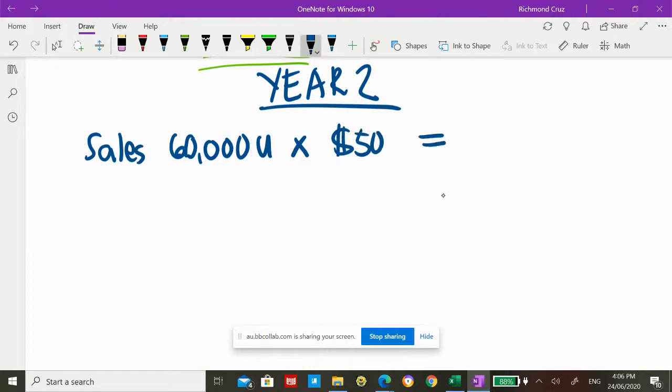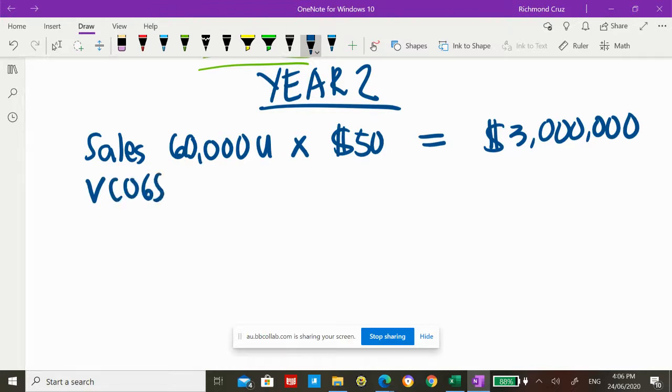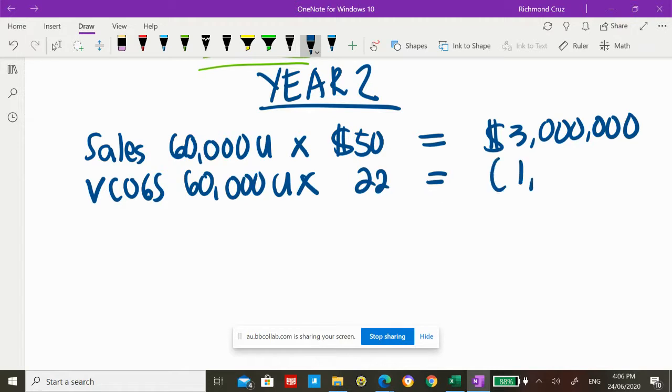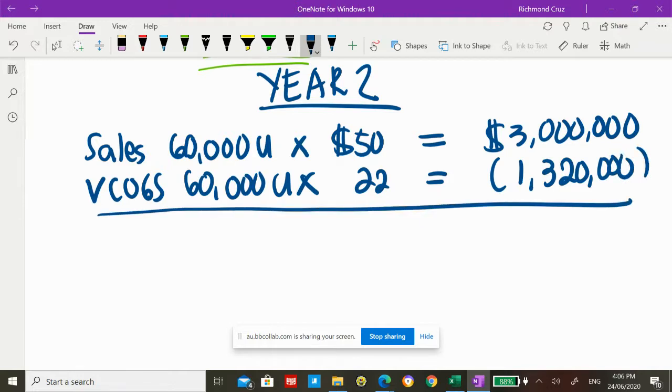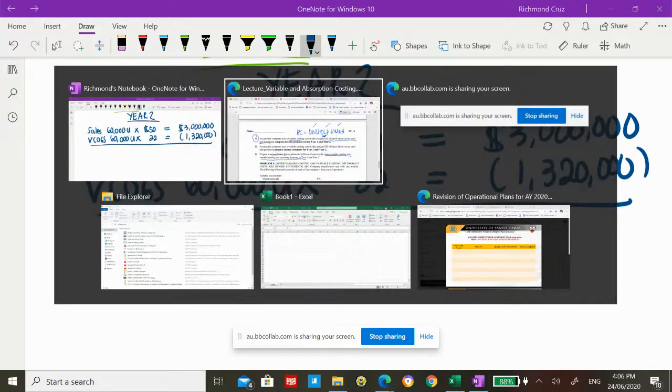So therefore, the product is $3 million. Then we have the variable cost of goods sold, which comprises direct materials and direct labor. And this is 60,000 units multiplied by 22, and that is 1,320,000. There is no variable manufacturing overhead.